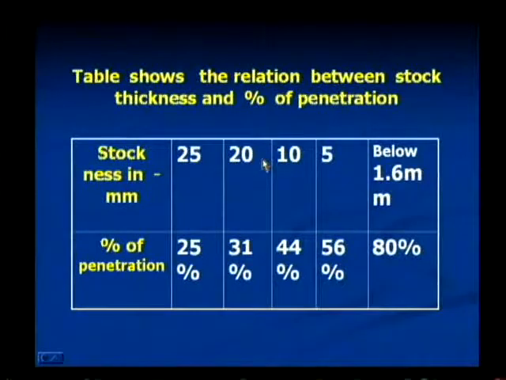If stock thickness is less, that is 20 mm, the percentage of penetration increases to 31%. If it is 10 mm, it is 44%, if it is 5 mm, it is 56%, and if it is below 1.6 mm, it is 80%. So, it is quite evident that as the stock thickness decreases, the percentage of penetration increases.